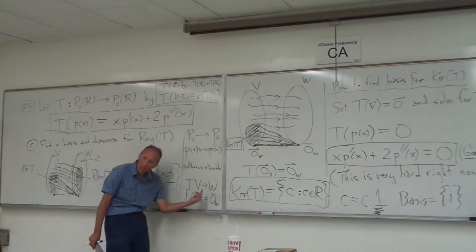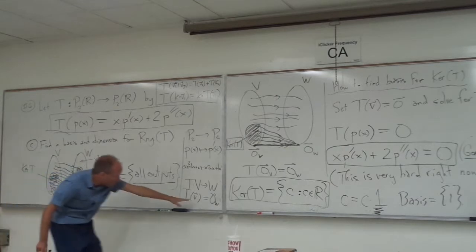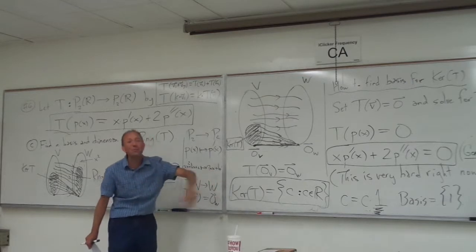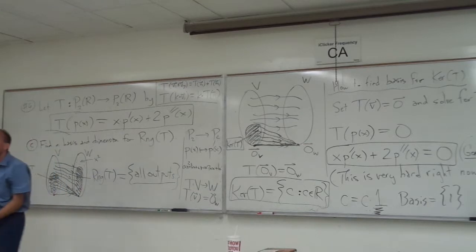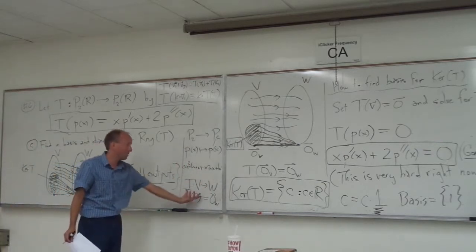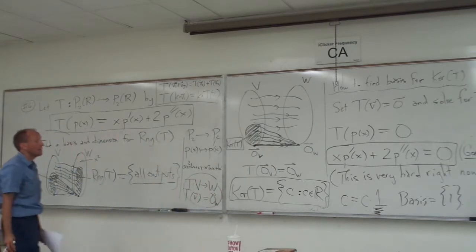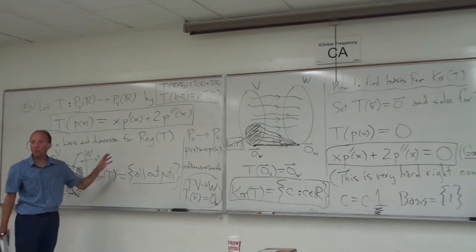The range is which vectors are showing up as outputs. If I use this transformation, 0 is the only output that we ever get. Every vector gets killed. So the range is just 0. The range is tiny. The kernel is huge, the range is tiny. This is like a trivial example, but it's a valid example nonetheless. So the range of t is just all the outputs that actually get hit. Kind of make sense?